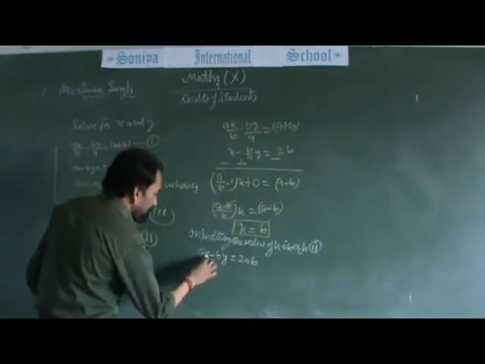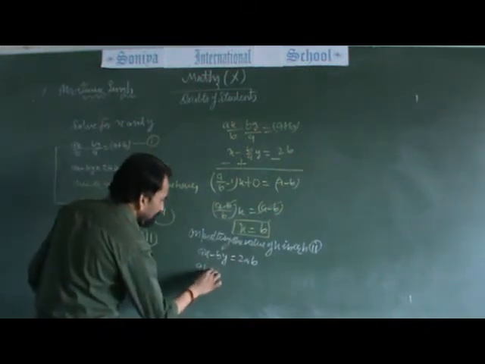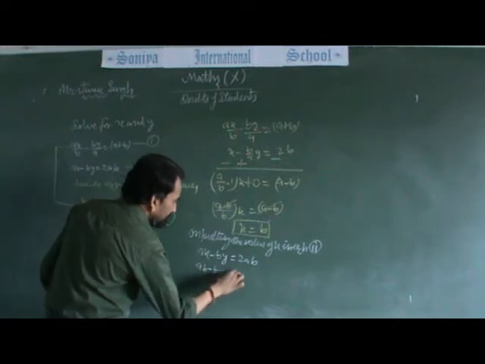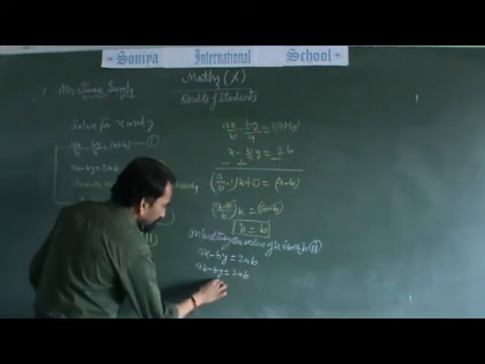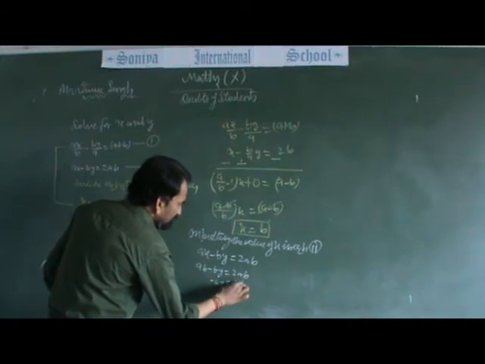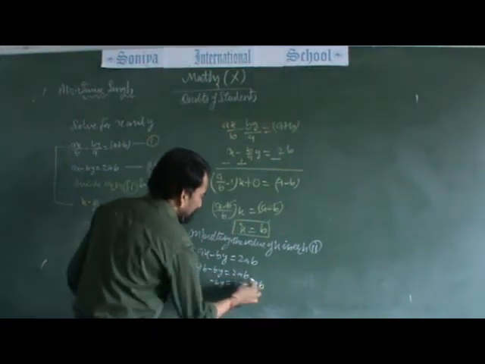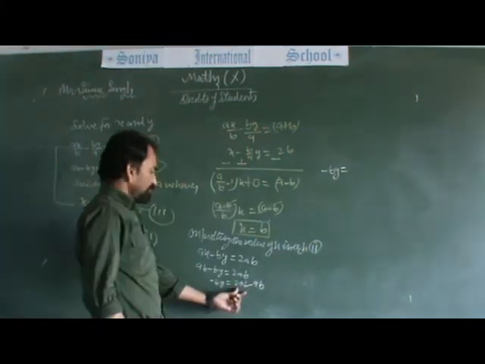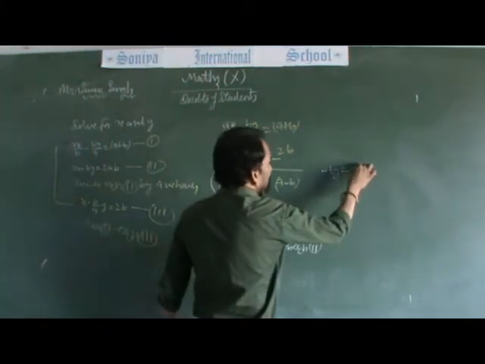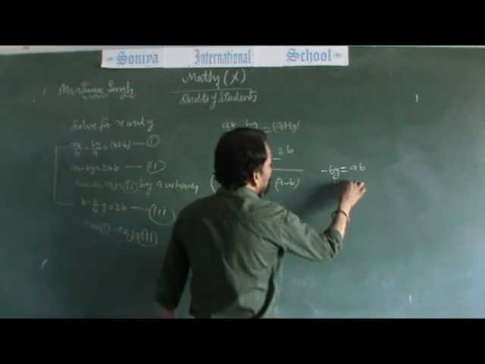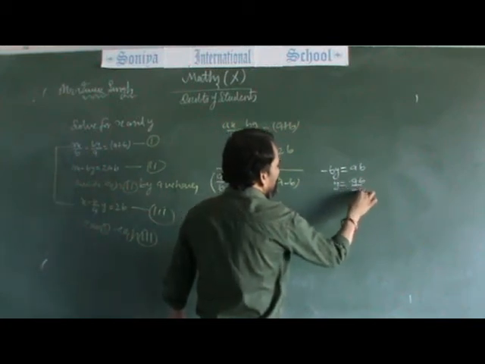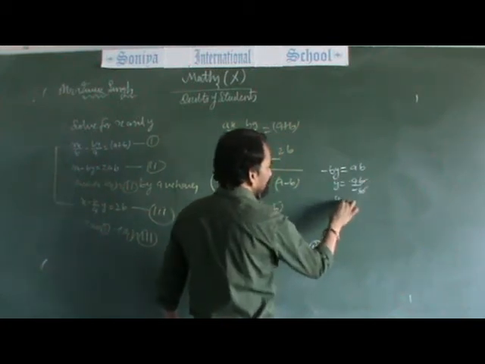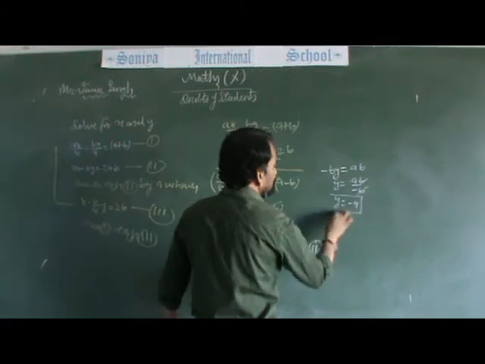What is the value of x? b. So we have ab minus by equals 2ab. Minus by equals 2ab minus ab. Y equals ab upon minus b, b is cancelled with b, y equals minus a.